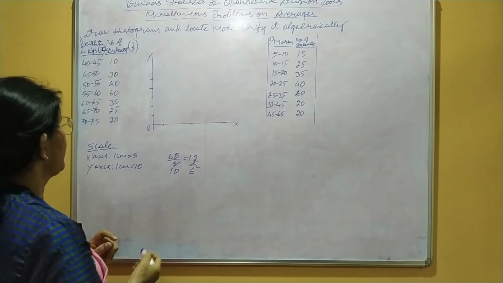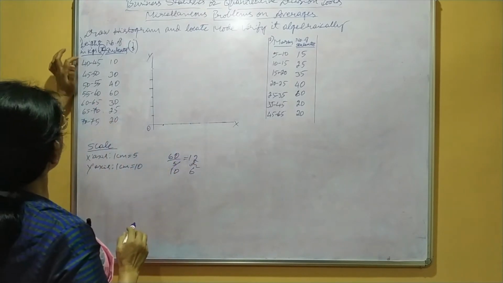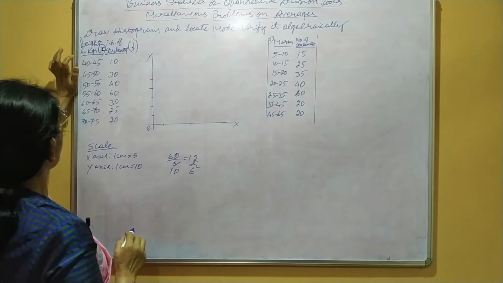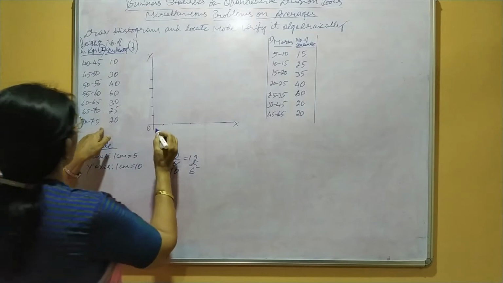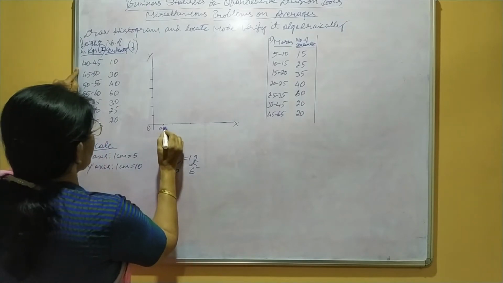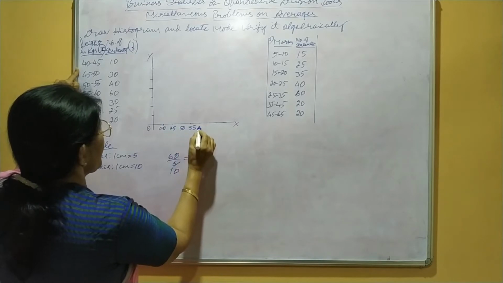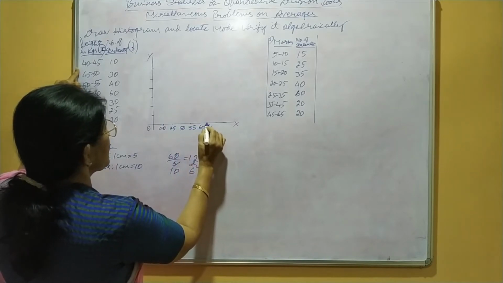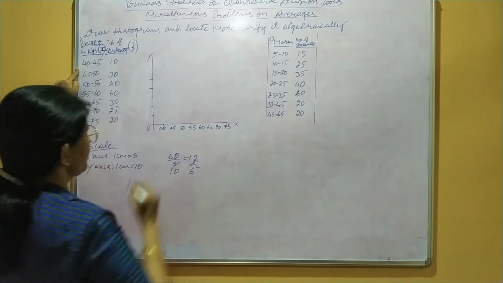This is the scale. That means on x-axis we have to take from lower limit to upper limit. First we start with 40, 45, 50, 55, 60, 65, 70, 75.